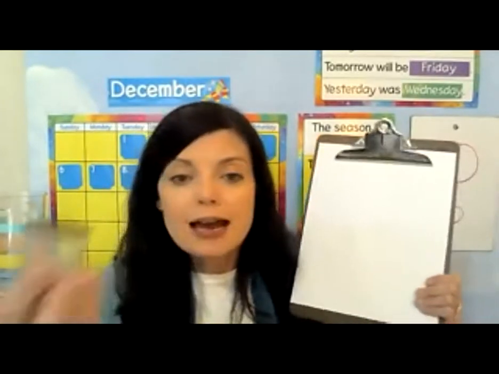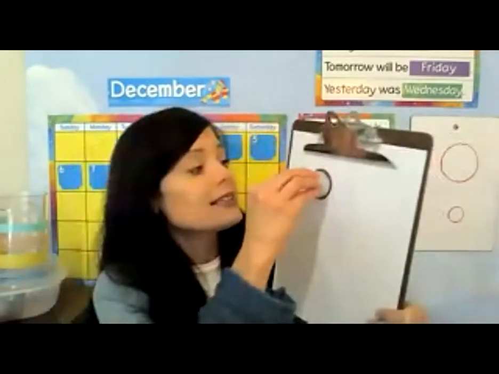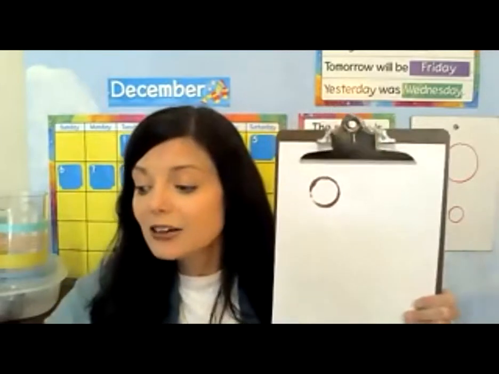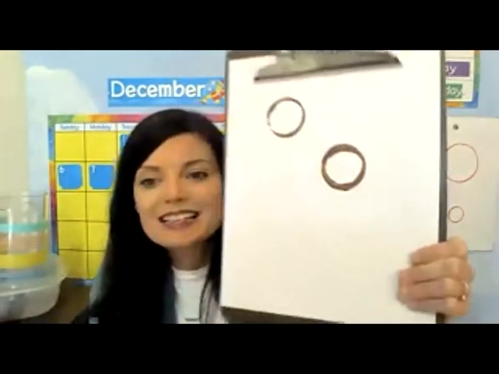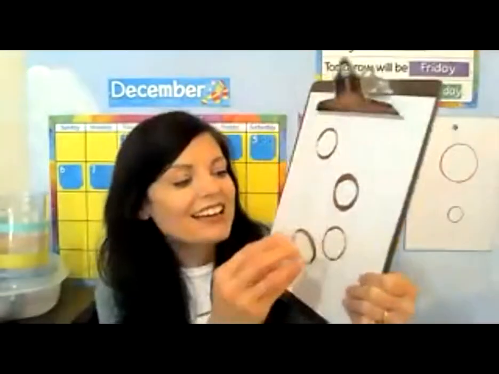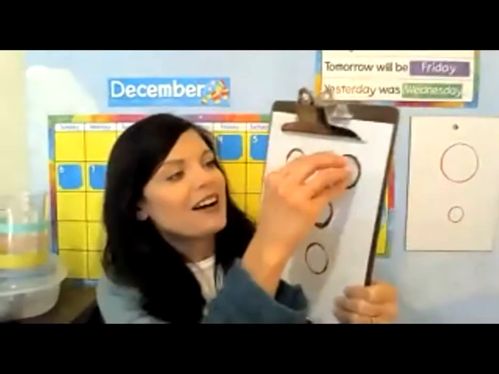I'm using a medicine cup, but you can use anything that's a circle because the letter O looks like a circle. And I'm using this brown paint because that's our color for today. So I'm making some letter O's. Have fun today stamping O's. That might be a great way to practice the color for today and also the letter O.